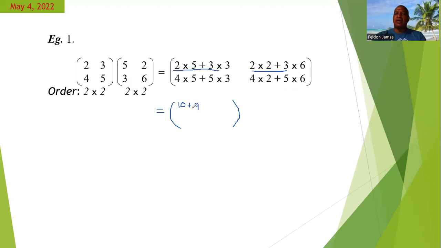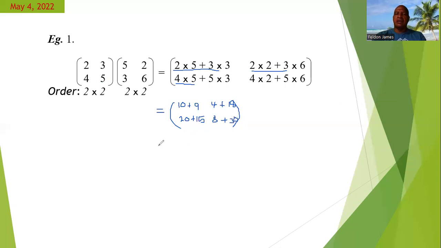Over here, we'll have 2 2s 4 plus 3 6s 18. All right, so that's for those 2 top elements. So this one here, we would have 4 times 5, 20 plus 5 times 3, 15. And then now we'll have 4 times 2, 8, plus 5 times 6, 30.